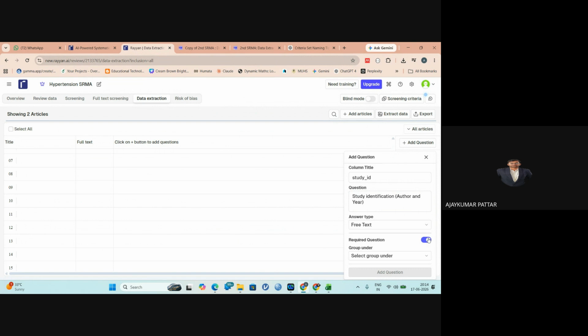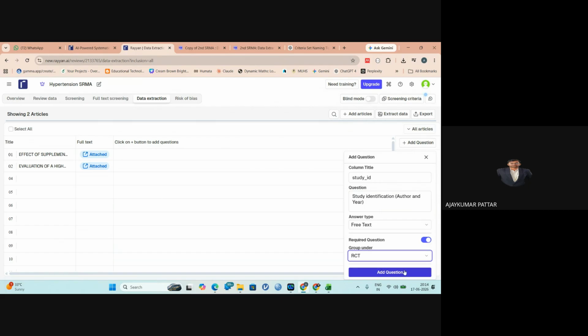So I am trying here, required. This particular option I am not getting, whether it is for the paid version or what. Select group under, which I am not able to. Yes, group under. So we have to mention group under.